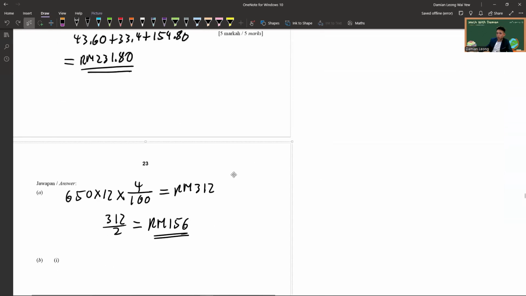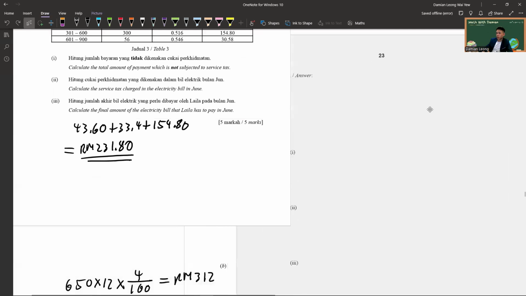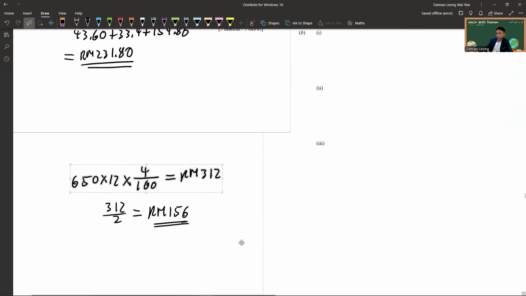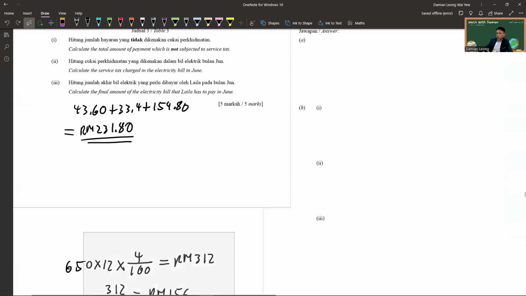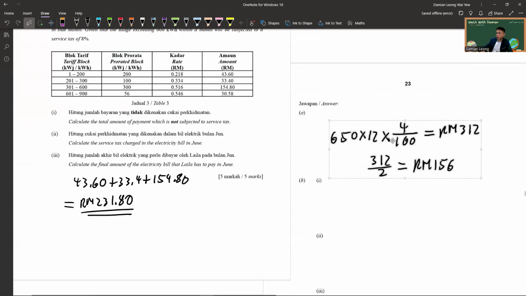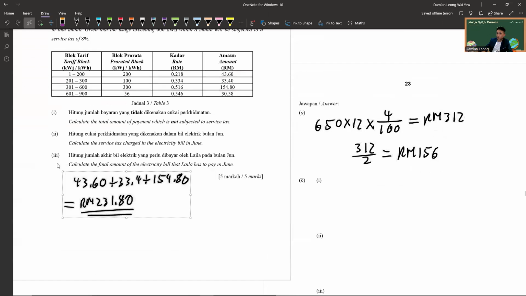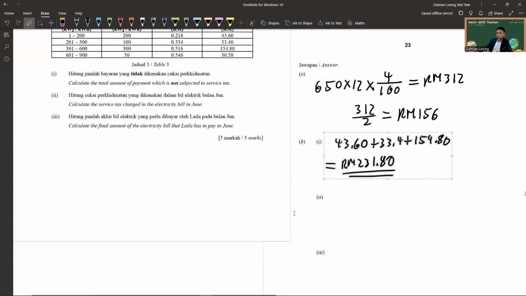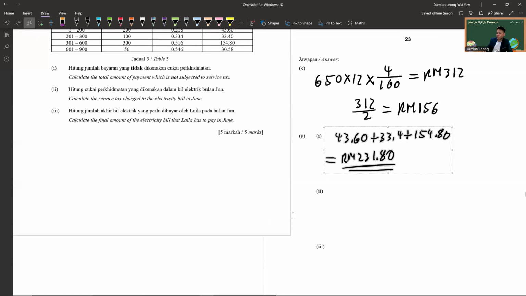Actually, I think I put it here. This is part A. This is B1. B2 is service tax.